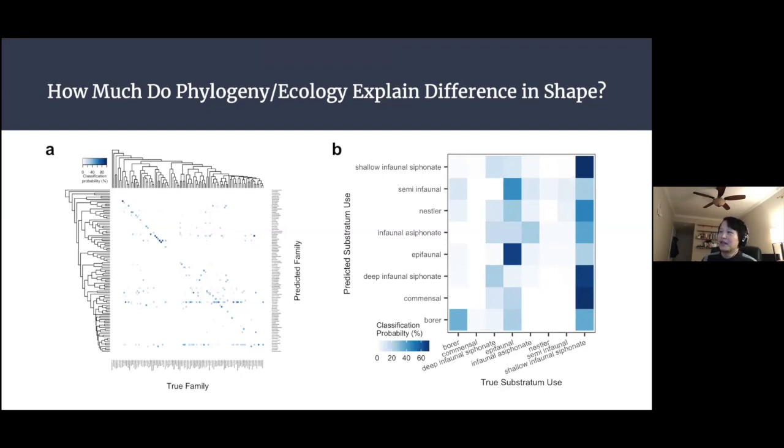With these feature vectors learned from geometric deep learning, what we can do is to train a classifier to tell different patterns of shapes or sculpture types from the phylogenetic information or from the functional groups.